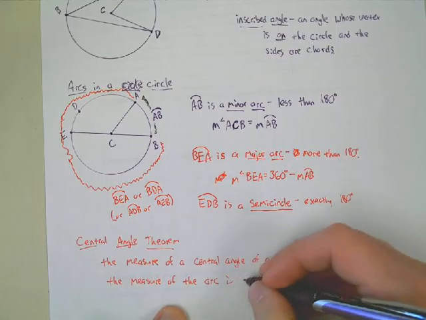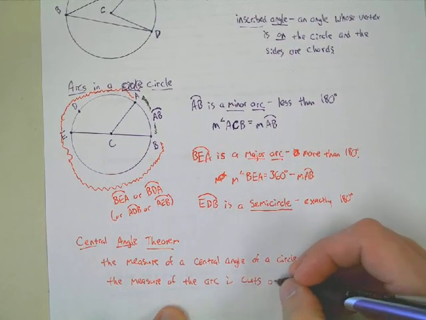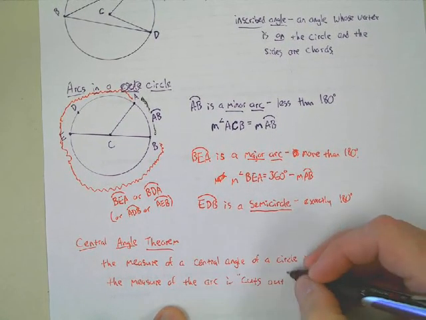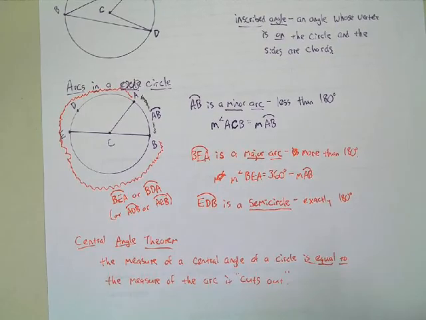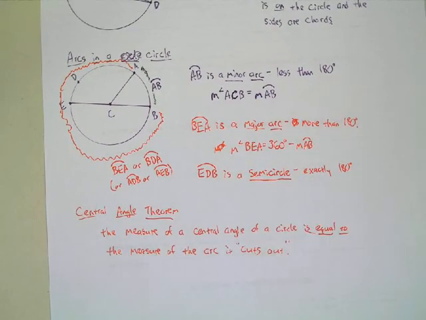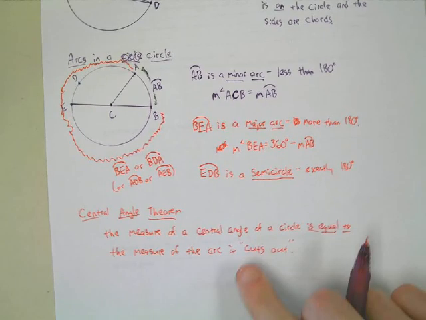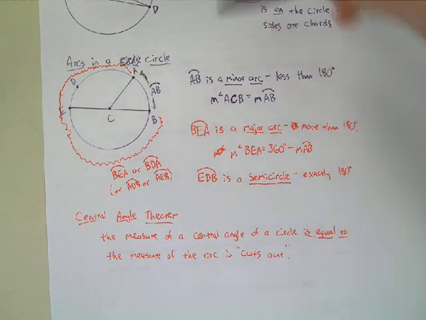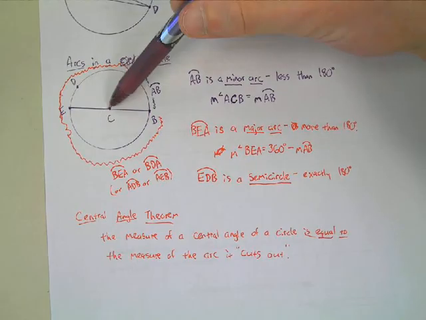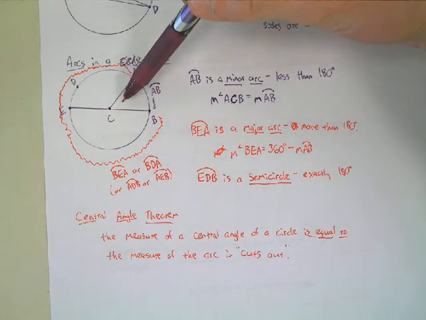Okay, that's not really like geometry terms, but I think it's better than saying intercepted arcs. Okay? The measure of a central angle of a circle is equal to the measure of the arc it cuts out. So for example here, if angle ACB is 60 degrees, what's the measure of arc AB?